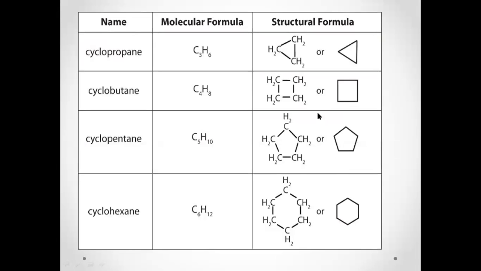These are the structural formulas. Here three corners means that it has three carbon atoms. Each corner contains one carbon atom. In cyclobutane, there are four corners, meaning it contains four carbon atoms. Similarly in cyclopentane and cyclohexane.